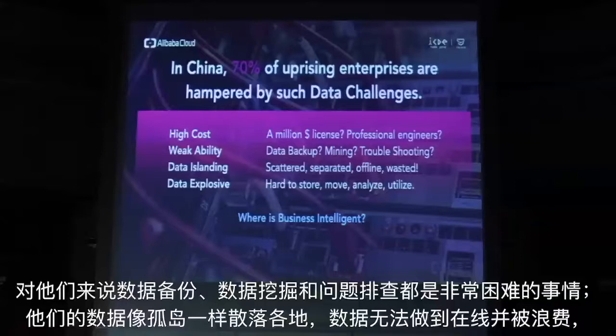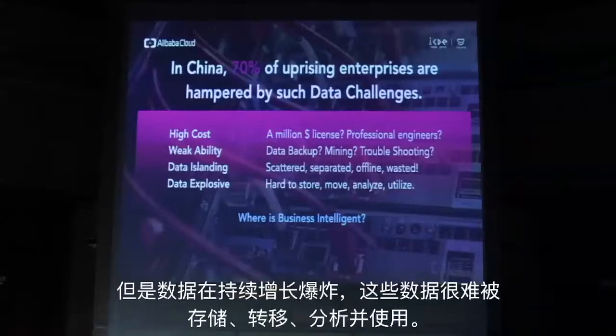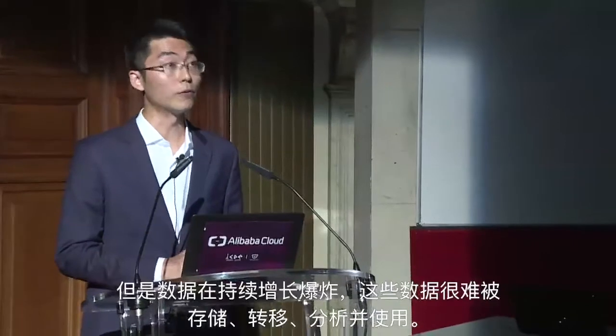Their data is islanded, scattered, separated everywhere. The data is sleeping, offline and wasted. But it still continues to explode. It is hard to store, move, and analyze.